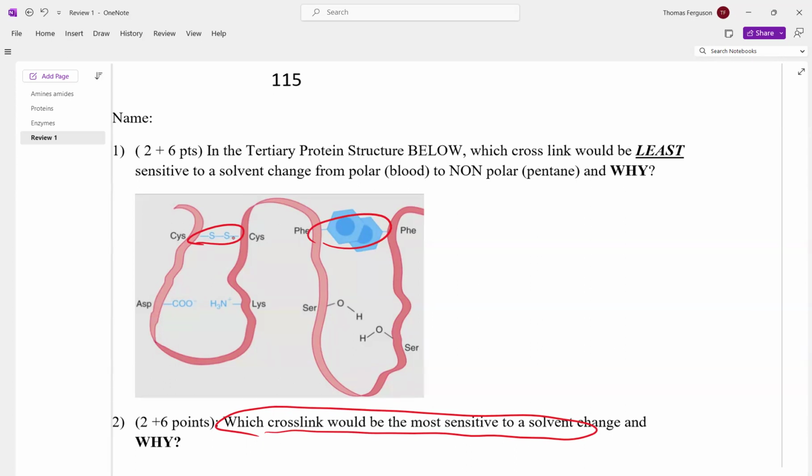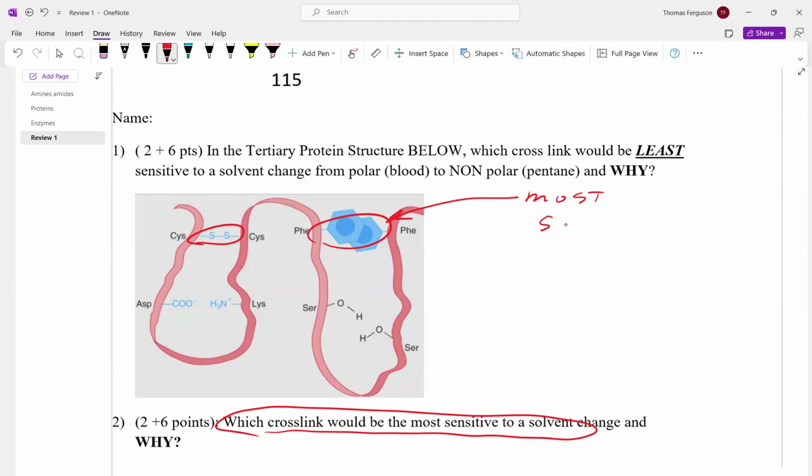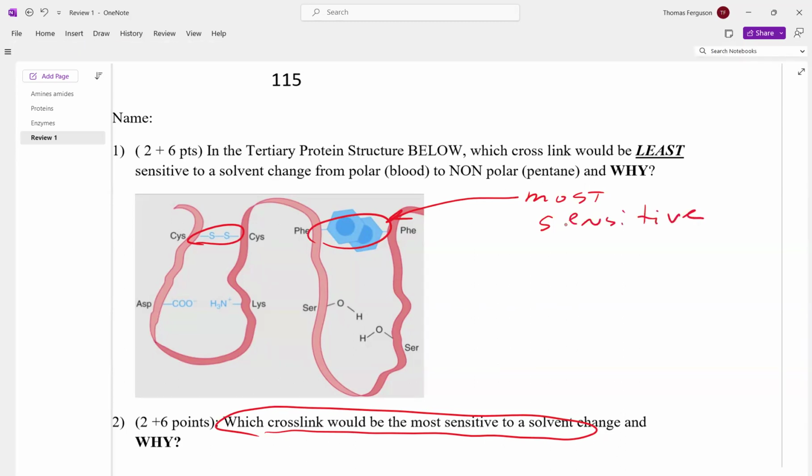Solvents are involved in intermolecular force interactions, so that would mean this one would be least sensitive. And why? Because it's got the strongest or the weakest intermolecular force attraction.